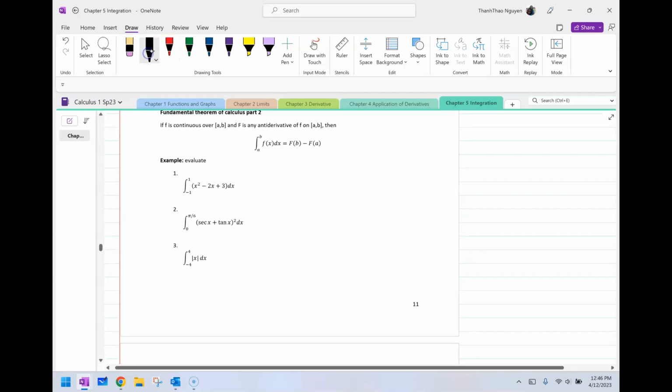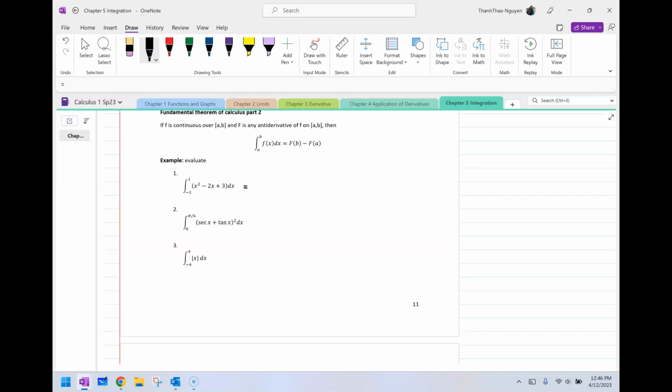So first we go ahead and take the antiderivative of each individual term. So this is 1/3 x cubed minus x squared plus 3x, and we want to evaluate this from -1 to 1.